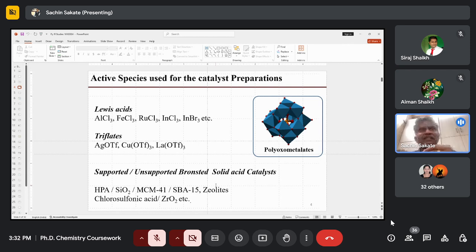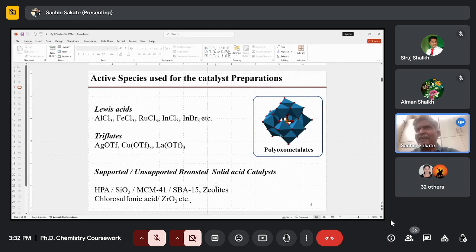The best Japanese scientists first revealed this chemistry of phosphotungstic acid, and it acts as a beautiful active species for catalyst preparation, mainly as a Bronsted acid.